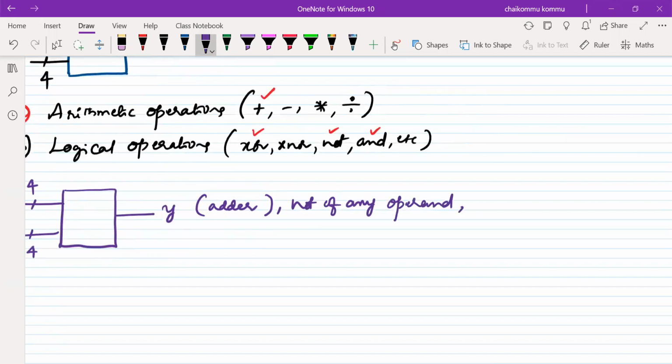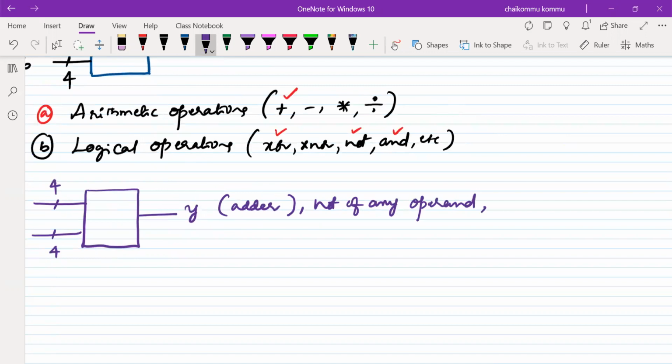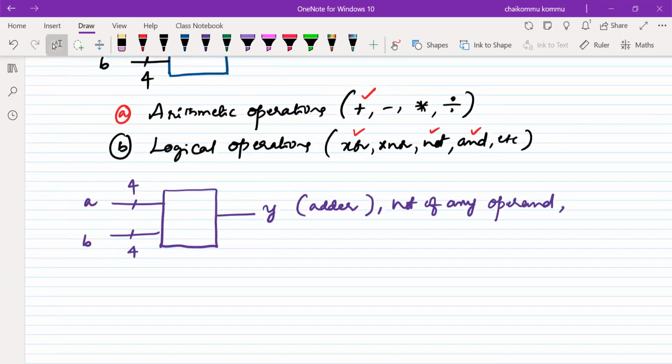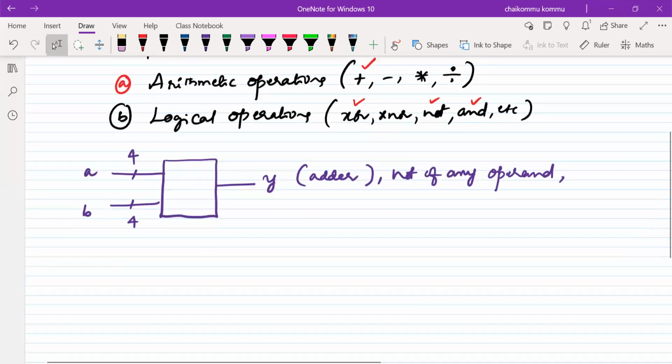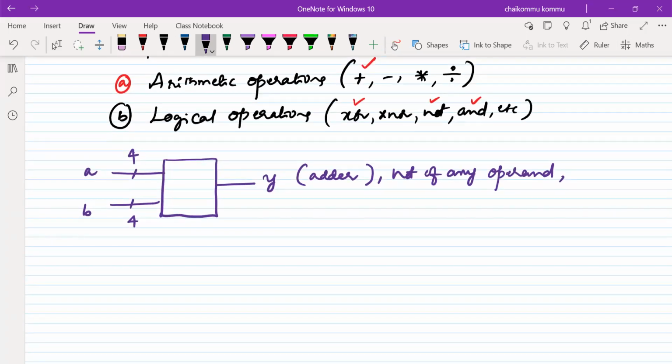Now, in that sense, whatever the output Y is, that Y is the 4-bit output of the NOT operation of A or B, whatever it may be. Next, some other time it has to perform an XOR operation between the operands, so the XOR output.